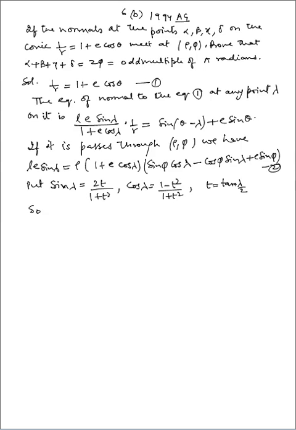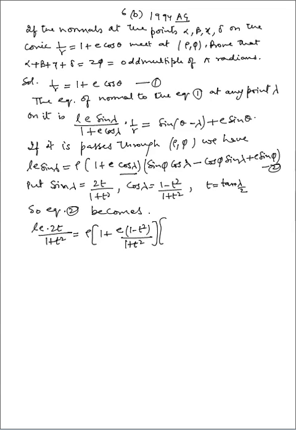So equation 2 becomes l e times 2t upon 1 plus t square is equal to rho times 1 plus e cos lambda, so cos lambda is 1 minus t square upon 1 plus t square, sin phi, minus cos phi, sin lambda is 2t upon 1 plus t square, plus e sin phi. This is equation 2.